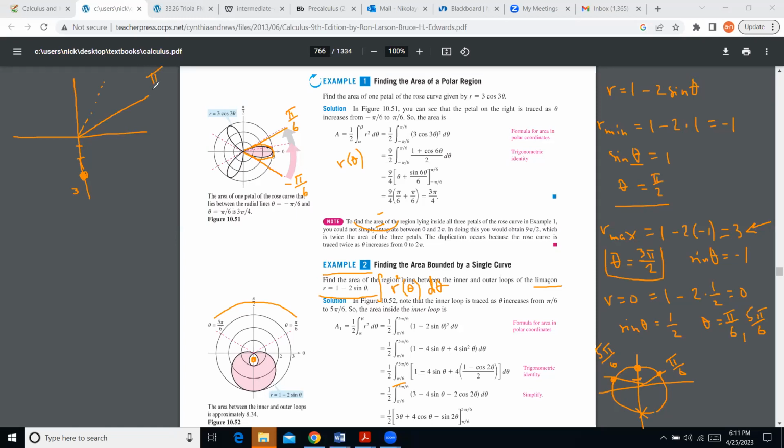And at pi over 6, we're going to go to so-called poles. So the distance to the pole will be smaller and smaller and smaller, and eventually we'll get to here. So what happens after that? Well, after that, from pi over 6, we're going to go to our minimum case, which is -1, and that appears when theta is pi over 2.